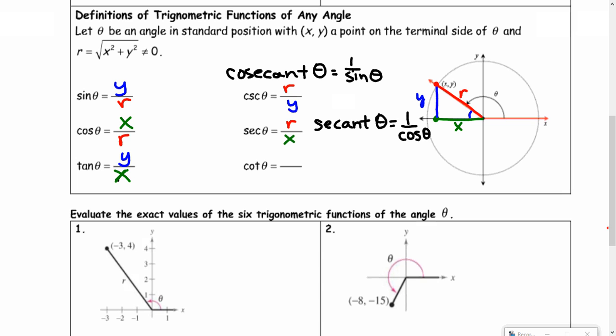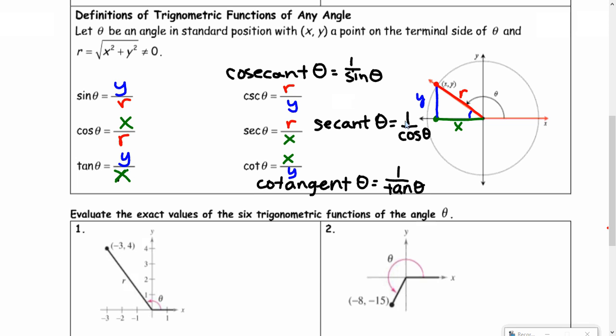Okay. And then the last one down here is the cotangent. The cotangent flips the tangent. So if the tangent was y over x, then the cotangent is x over y. So those are the 6 trig functions that we need to know, all of the regular ones.